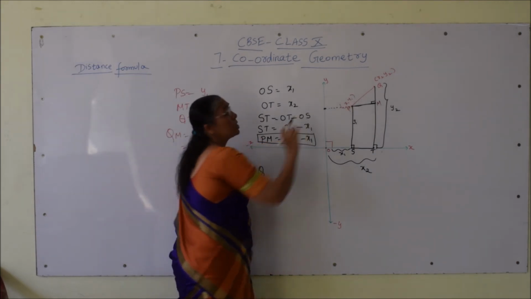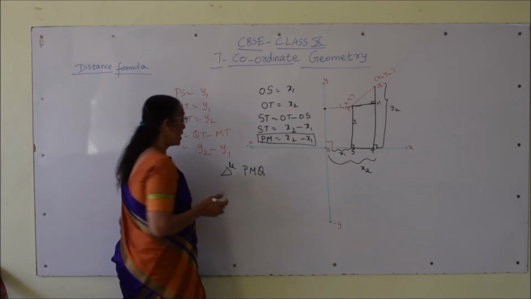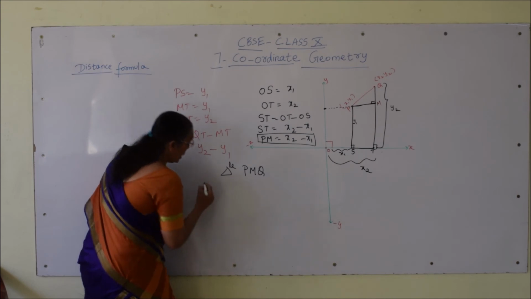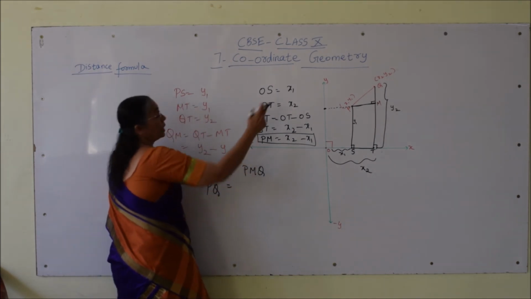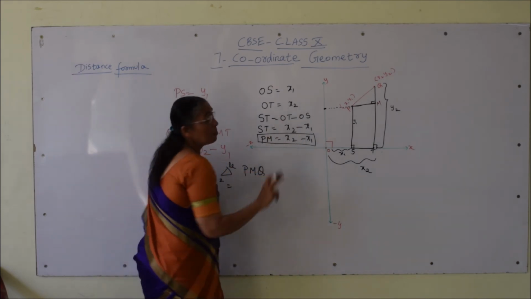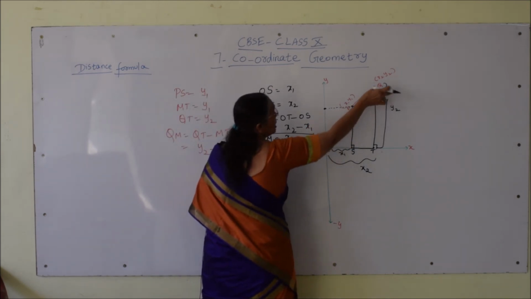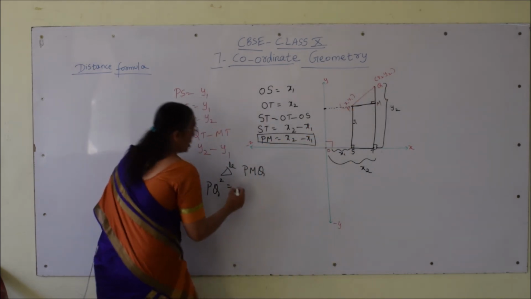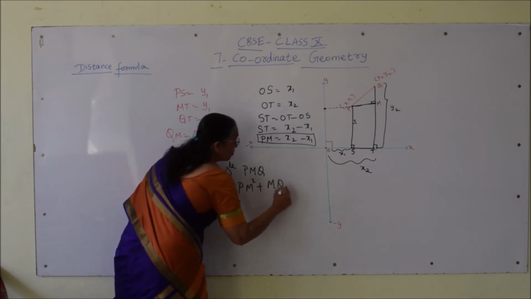Here the hypotenuse is PQ, that distance only we are deriving. So, in triangle PMQ, PQ square is equal to PM square plus MQ square.